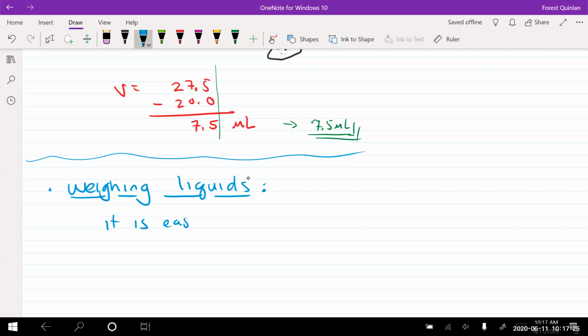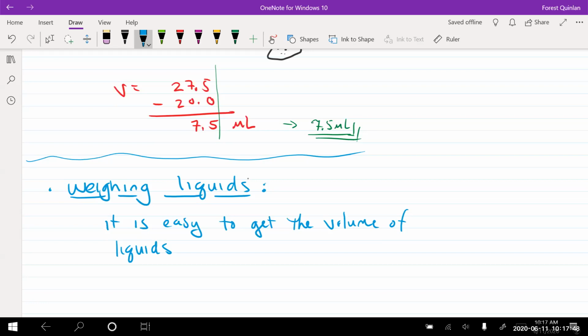It is easy to get the volume of liquids. You use a graduated cylinder, you use a pipette, a burette. All of these will measure the volumes very easily. The problem is getting the mass.